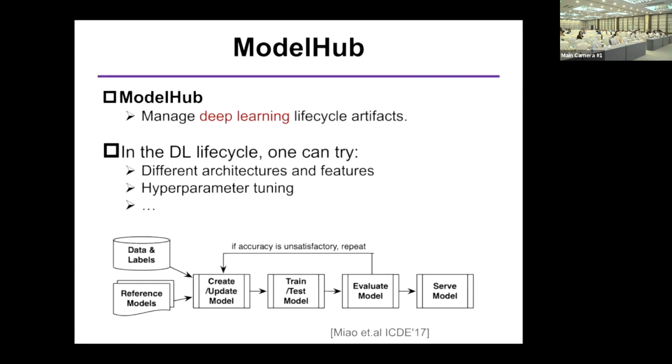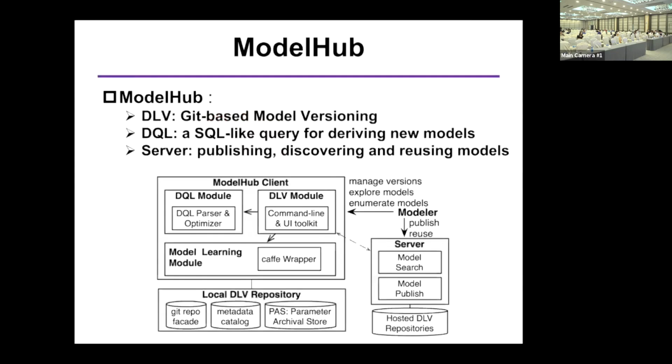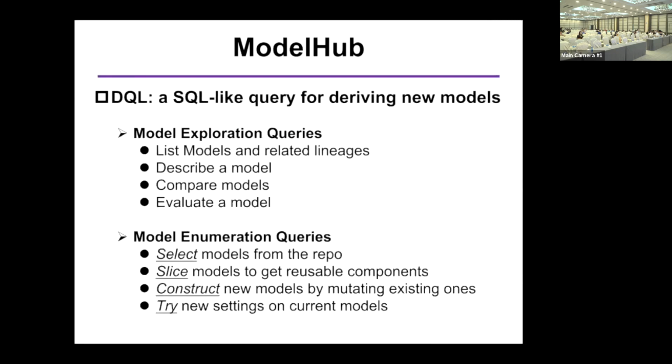And then ModelHub manages deep learning large-scale artifacts. It can try different architectures and features and store many hyperparameters for fine-tuning. And it also provides git-based model versioning and a cyclic query for deriving new models, and it can publish, discover, and use models.